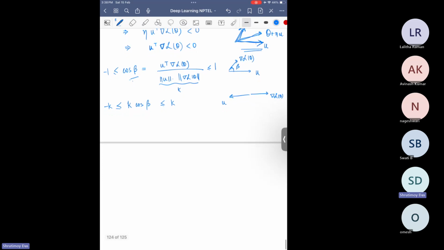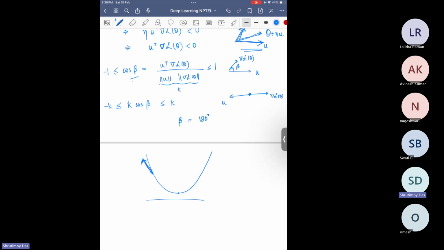Let us say we have this graph here, and at this point the gradient is in this direction, because that is how gradient is designed. But my minima is in the other direction. So this says that beta should be 180 degrees.